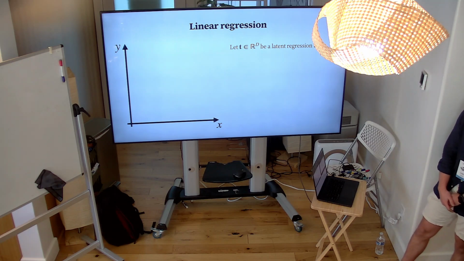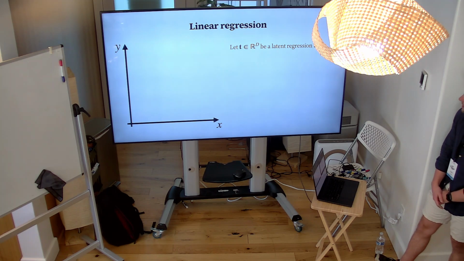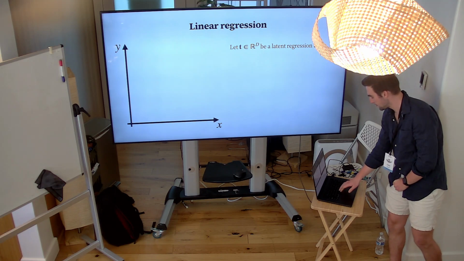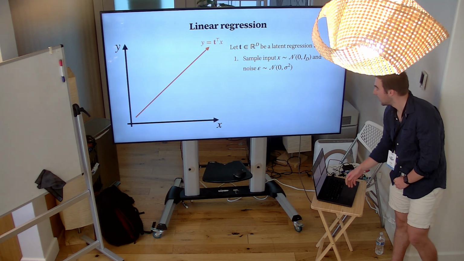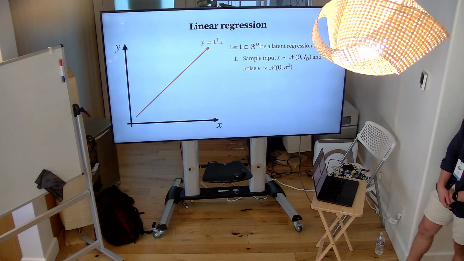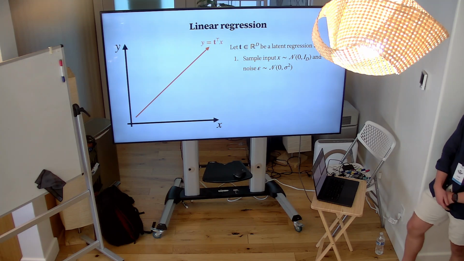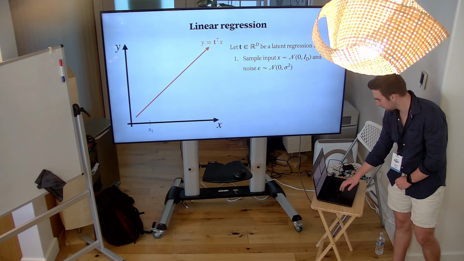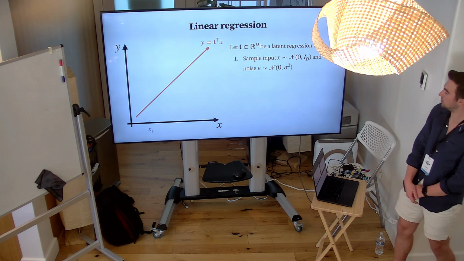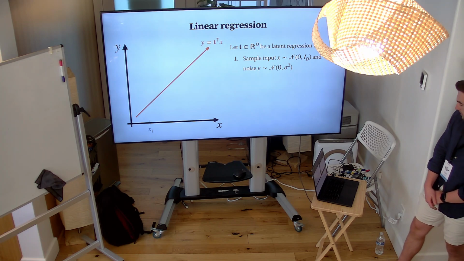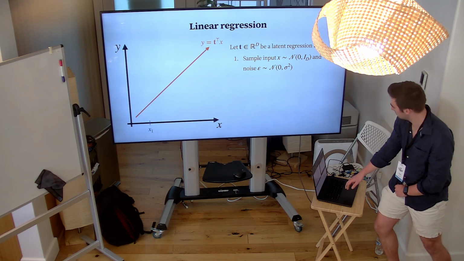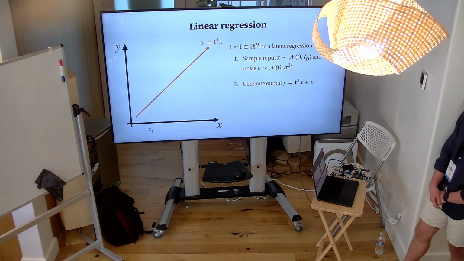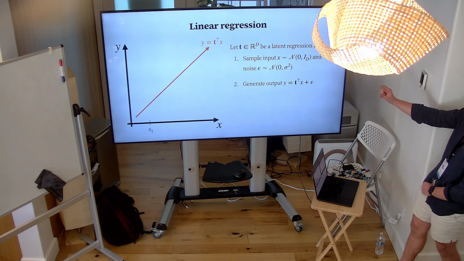Suppose we had a latent linear regression task t, which is just a vector in d-dimensional space. We can sample some input x from a normal distribution and some isotropic noise with a very small variance, and then generate an output y according to that task vector.